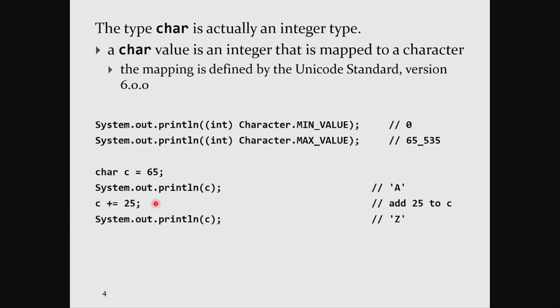Now you can do arithmetic with chars too, because chars are just numbers. So I can write something like c += 25, which you can interpret to mean c = c + 25. If I start out at A and go 25 places down the alphabet, then you get Z. So that all seems to make sense.